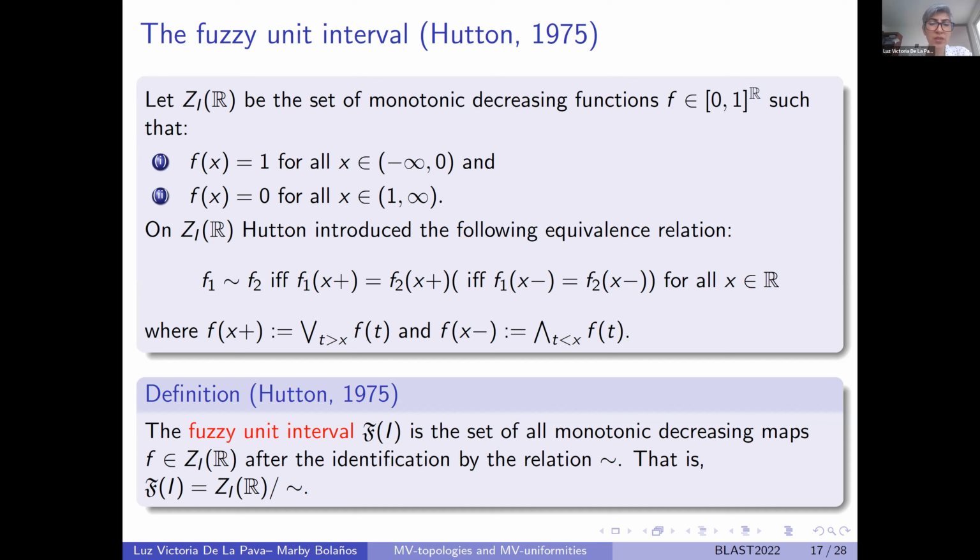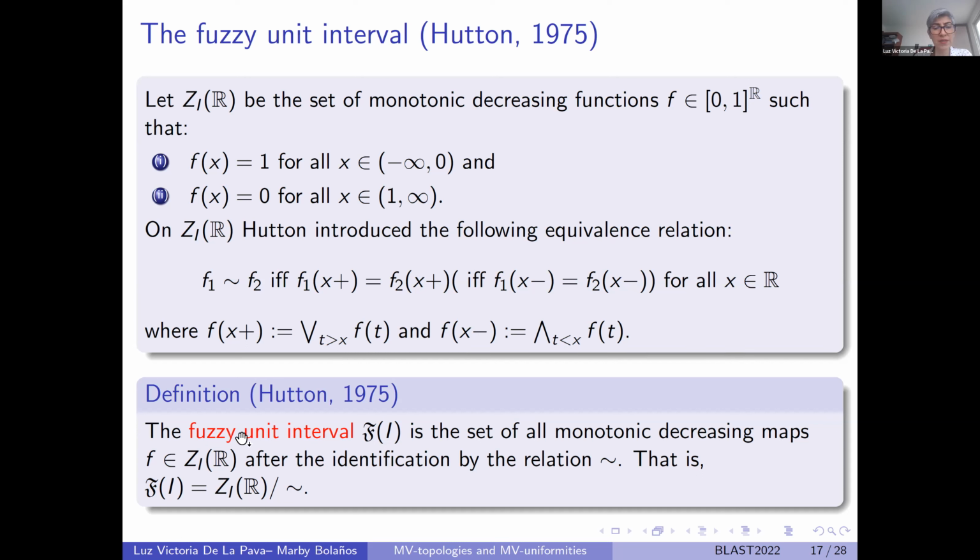And he introduced this equivalence relation. F1 is related with F2 if and only if F1(x+) is equal to F2(x+) for all x in R. This condition is equivalent to this, where F(x+) is the join of F(t) for all t greater than x.